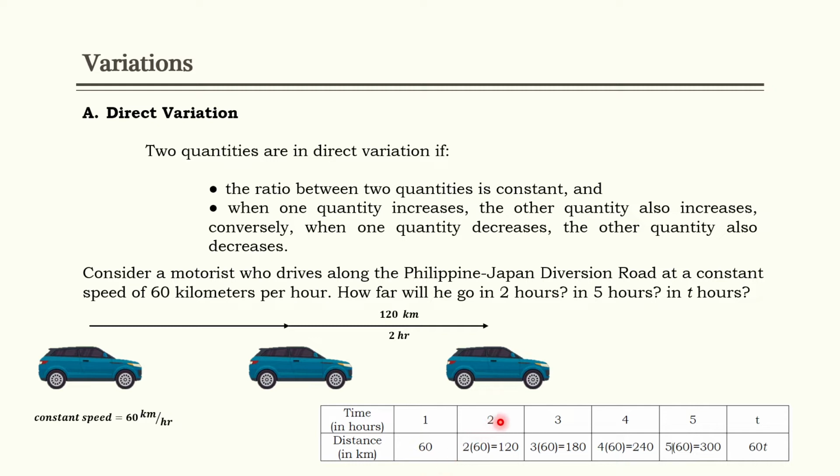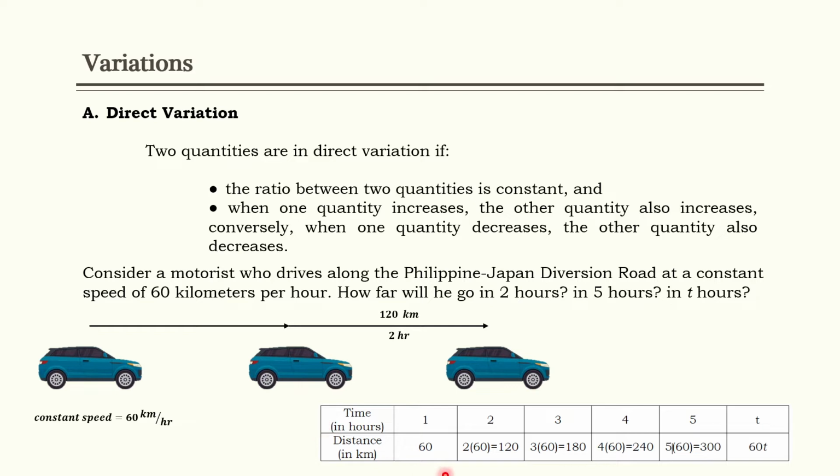Habang tumataas yung hours, tumataas din yung total distance na travel niya. You see? Yung 60 na na-travel niya times 2 naging 120, and here times 3 since 3 hours, 60 times 3.